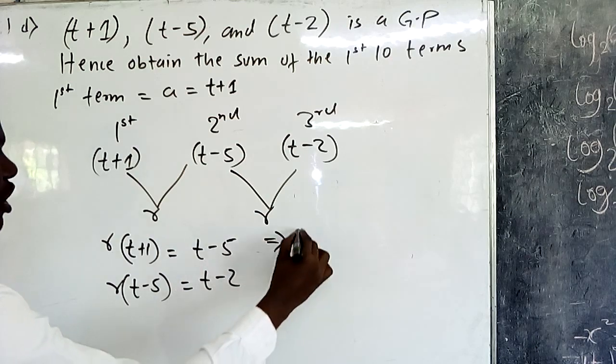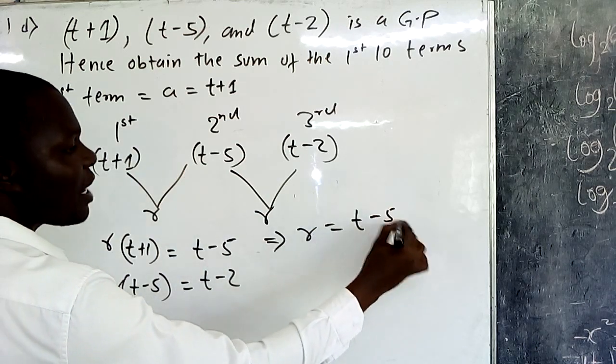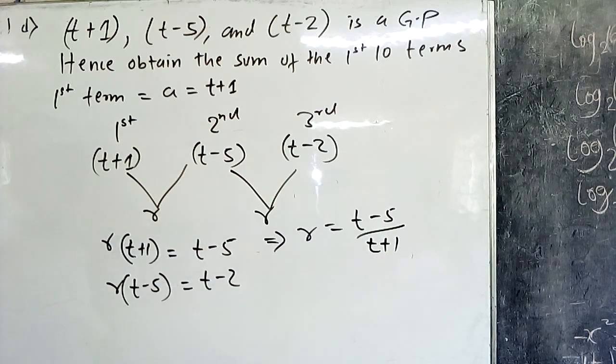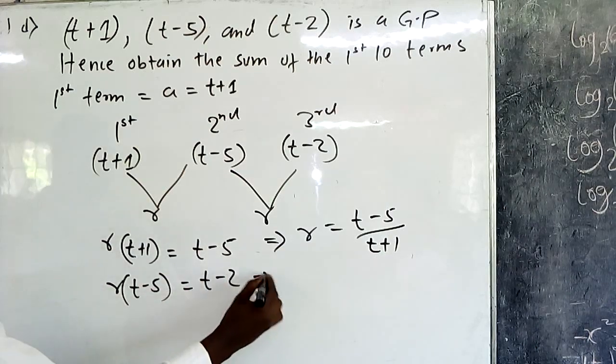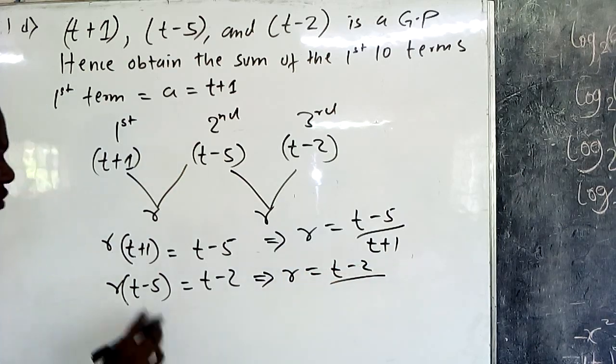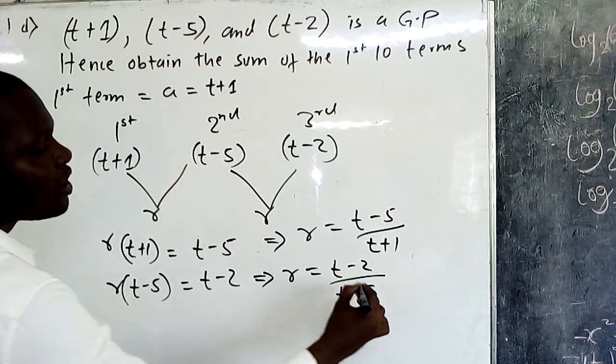In the first equation, r is t minus 5 over t plus 1, dividing both sides by t plus 1. And in the second equation, r is t minus 2 over t minus 5.